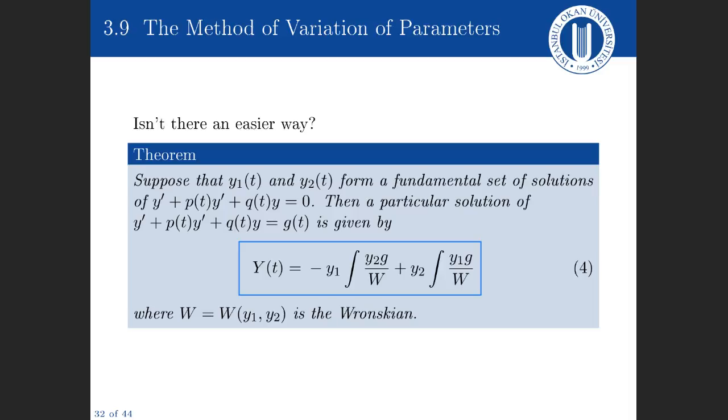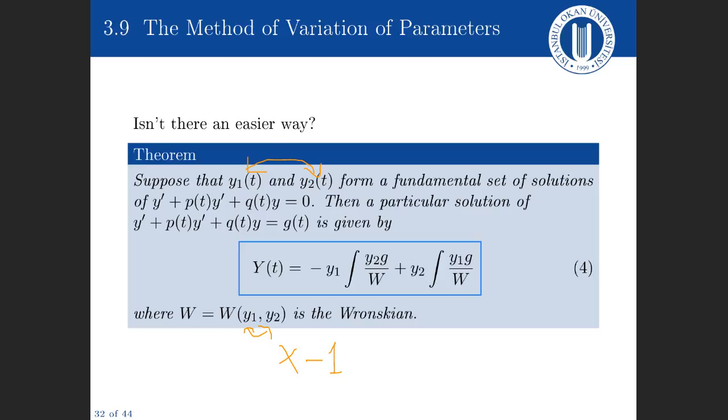Before I go on, it doesn't matter which function you call y1 and which function you call y2. Let's suppose you swap y1 and y2. Then in the Wronskian, you're also going to be swapping the positions of y1 and y2. So we're going to be multiplying the Wronskian by minus 1. Remember your linear algebra, what happens to a determinant if you swap two columns of a determinant?